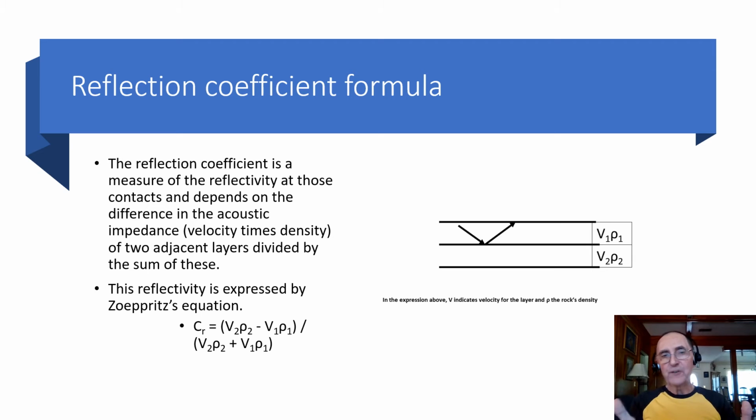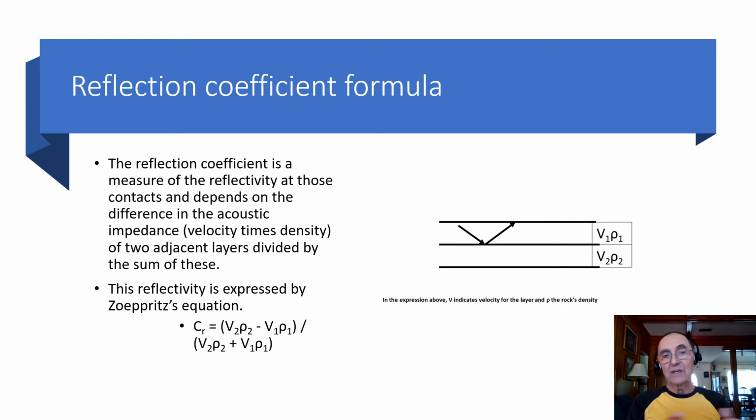The reflection coefficient is a measure of the reflectivity at those lithologic contacts, and it depends on the difference in the acoustic impedance of the two adjacent layers divided by the sum of these.